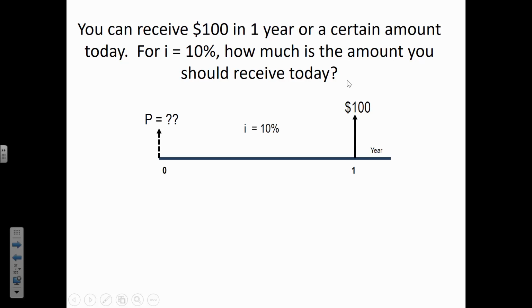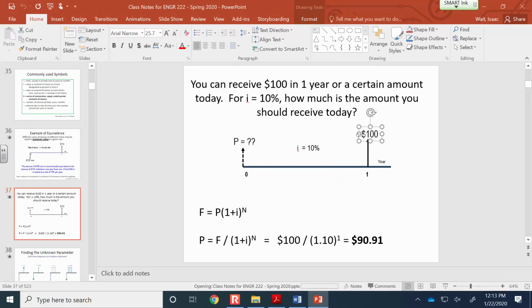So in this illustration, on a graphical basis, P is the unknown, our interest rate is 10%. You can either get 100 after a year or some unknown amount now. So F, I should even change that with a label. That would be a better illustration if I said F equals 100.